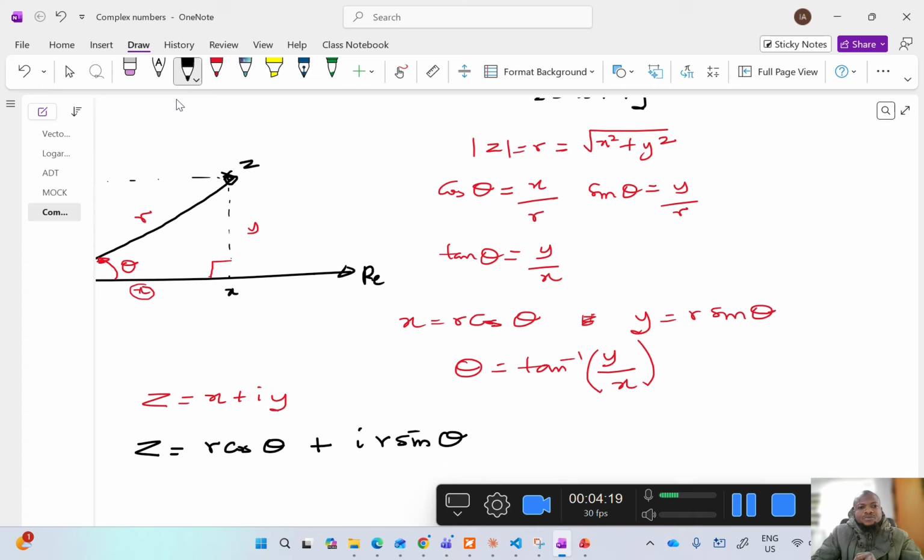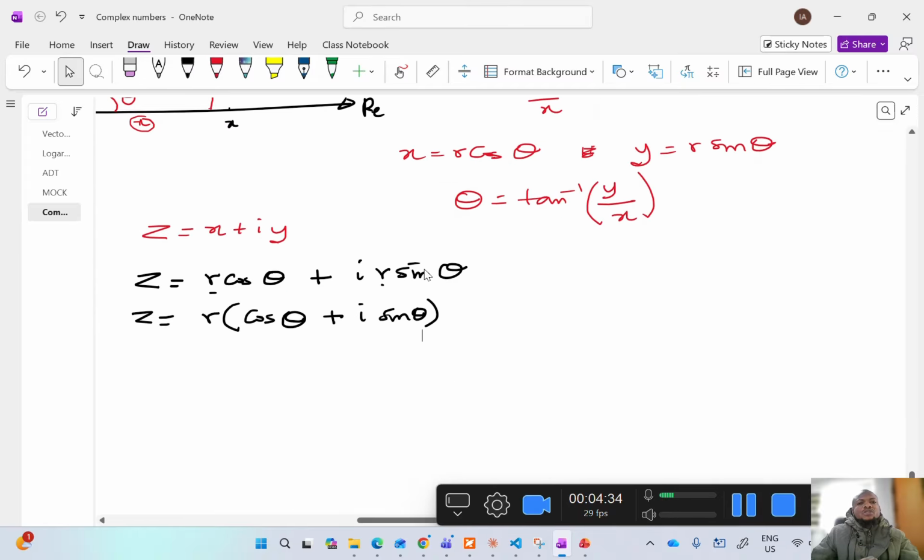So that implies that z is equal to r, which is common to both, then cos theta plus i sine theta. So this is a complex number in polar form.